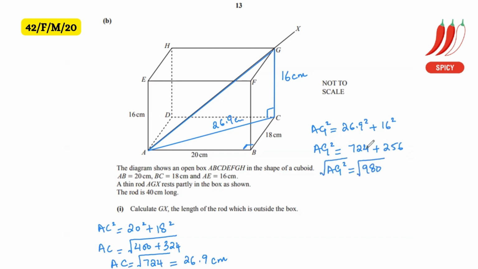Square root both sides, AG equals 31.3 centimeters, which means GX would be 40 minus 31.3, and that is going to give us 8.7 centimeters. That's the length of GX, which is the rod outside the box.